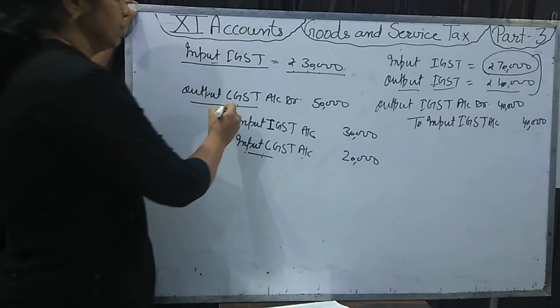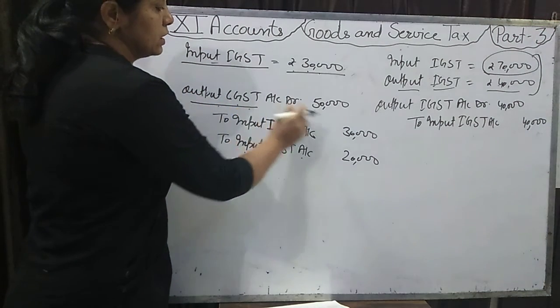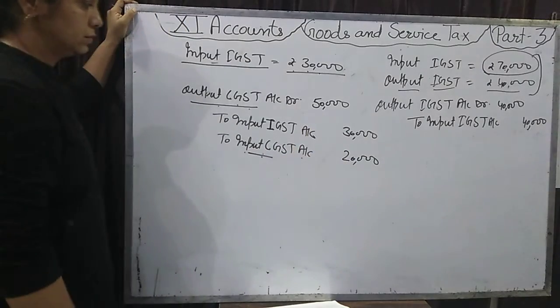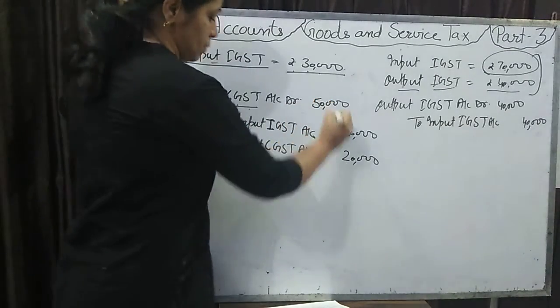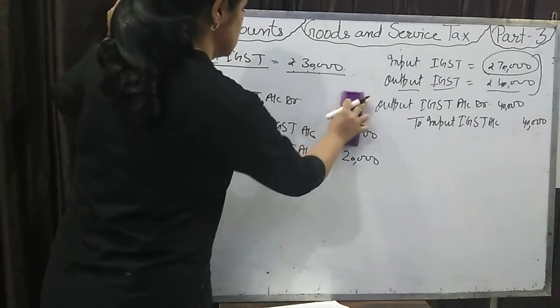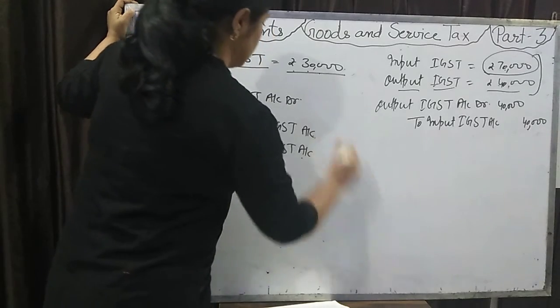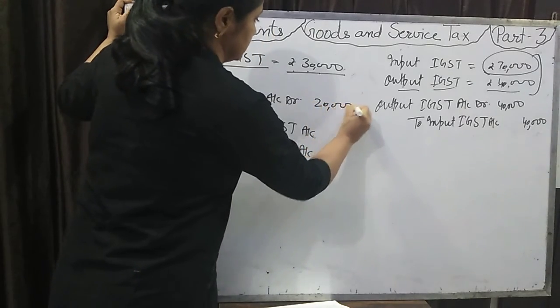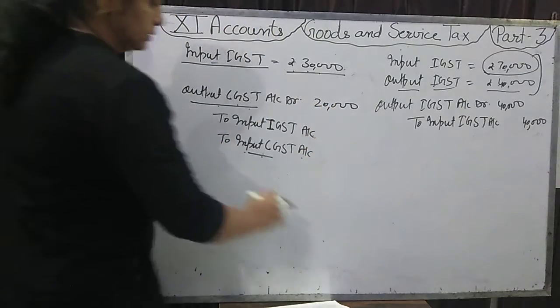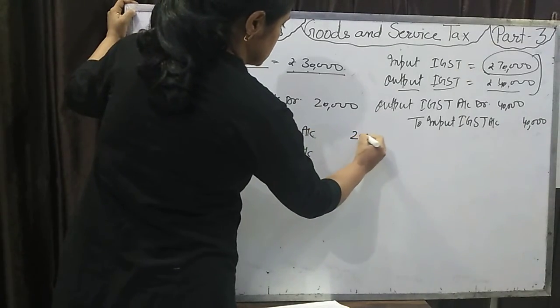Okay, if our output CGST is less than this, if our output CGST here was 20,000, then we will adjust 20,000.